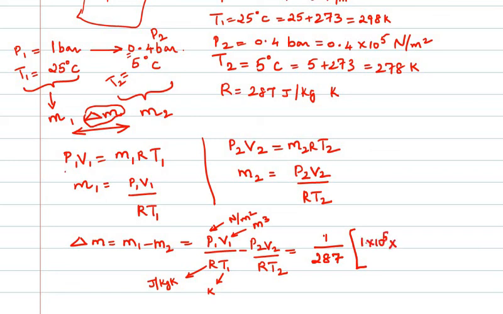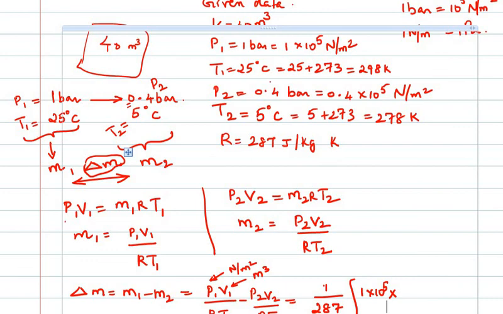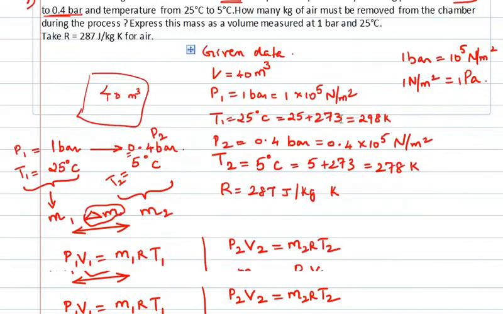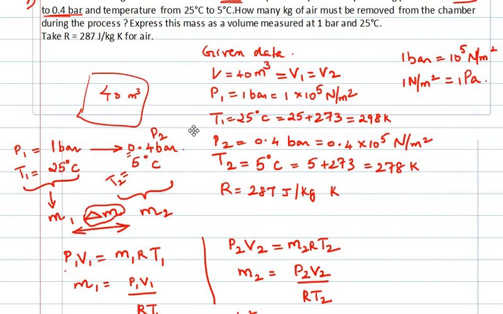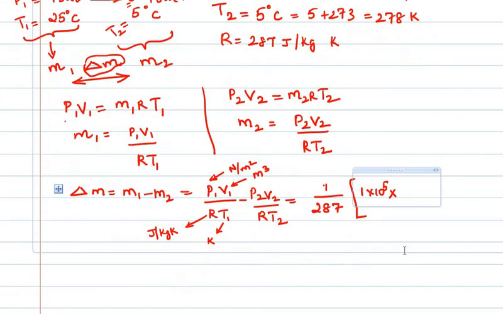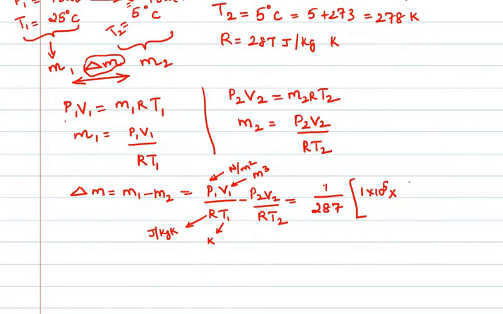And volume V1. So volume is constant. It is given as 40 meter cube. So volume is constant 40 meter cube. So this is V1 and V2. So both are same. I am writing as V here. So V is 40 meter cube divided by T1.